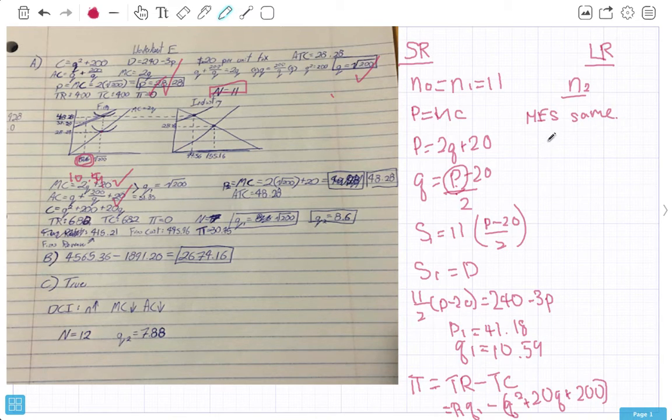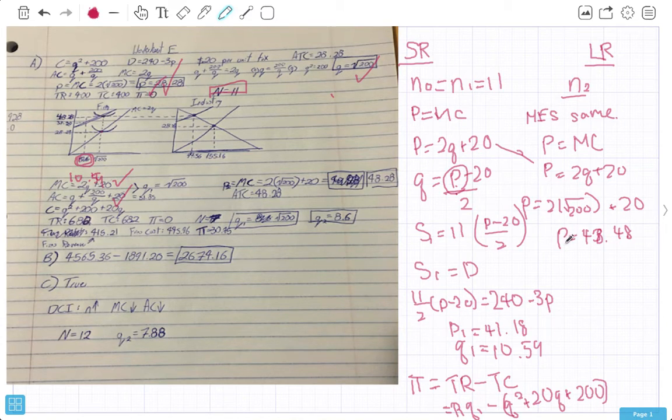So keep that in mind and do P equals MC, and P equals 2Q plus 20, which is the same here. And then instead of isolating Q, because you know that Q is the same, you can plug in square root of 200 plus 20, which you did here. Then you would get 43. No, actually 48.48, I think.